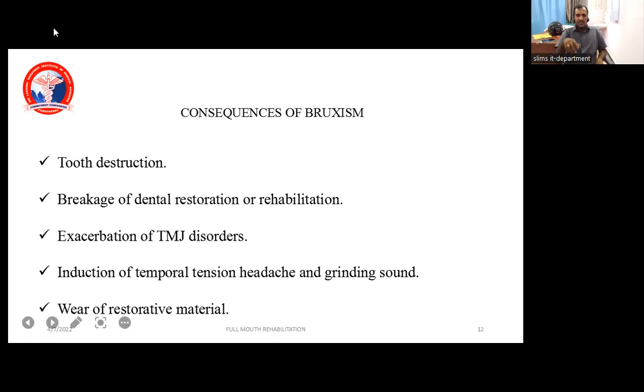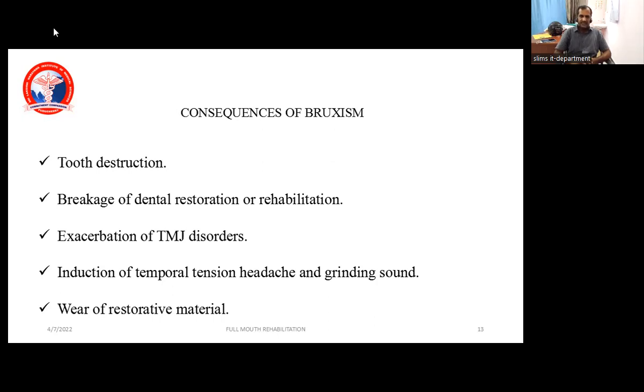Whatever may be the type of bruxism, at the end, what are the consequences of bruxism? It is well known that the enamel, the tooth structure, gets damaged very fast. Even the hardest part, enamel, there will be tooth destruction, breakage of dental restorations or a rehabilitation, and it can worsen TMJ disorders.